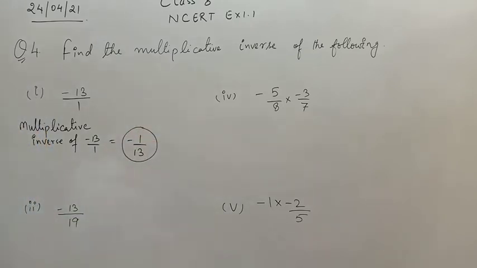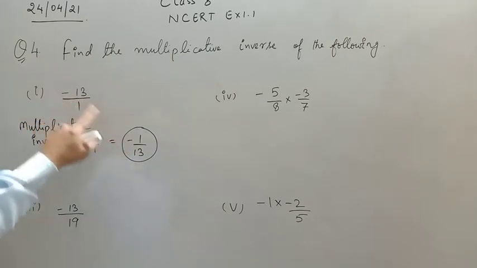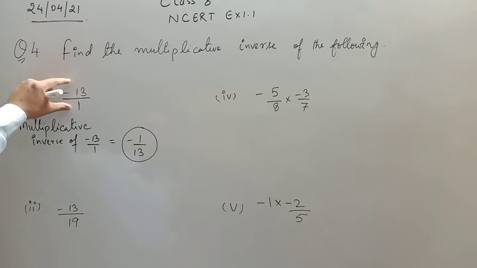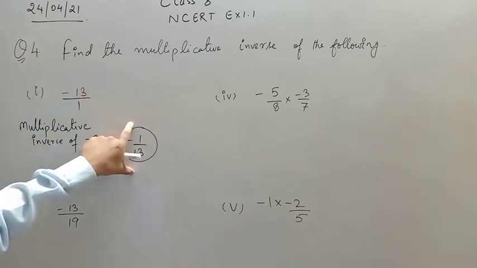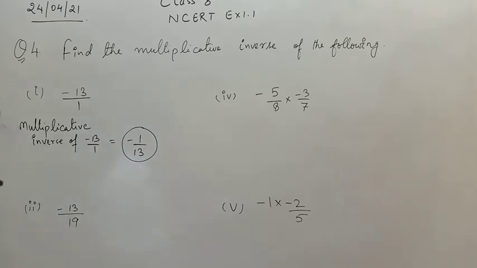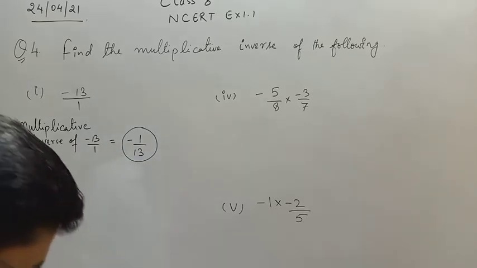Any doubt in this? If you multiply these two values, the result will be equals to 1. If you multiply a number with its multiplicative inverse, the result that you will get is equals to 1. I think there is no doubt in this, right?